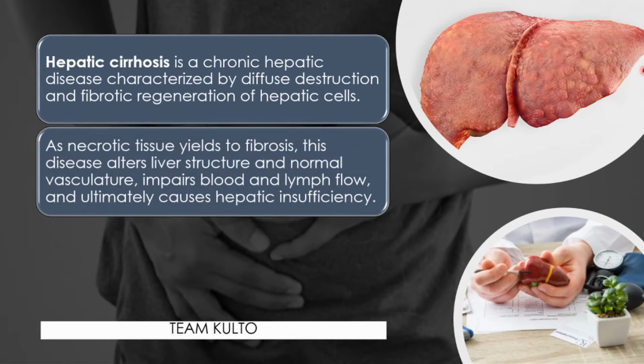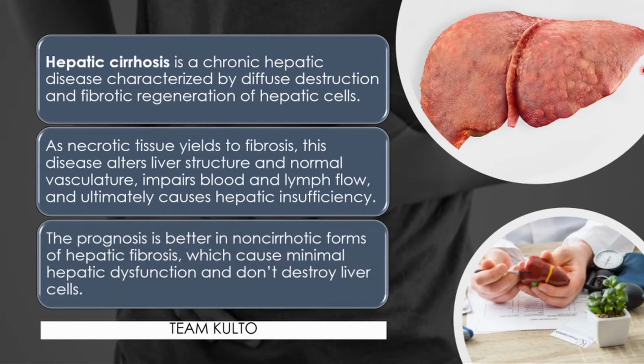As necrotic tissue yields to fibrosis, this disease alters liver structure and normal vasculature, impairs blood and lymph flow, and ultimately causes hepatic insufficiency. The prognosis is better in non-cirrhotic forms of hepatic fibrosis, which cause minimal hepatic dysfunction and don't destroy liver cells. Once again, these are your clinical definition of your hepatic cirrhosis.